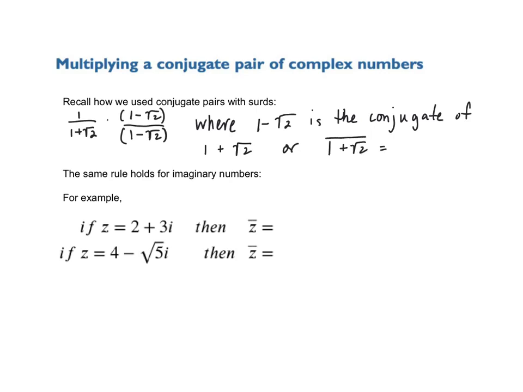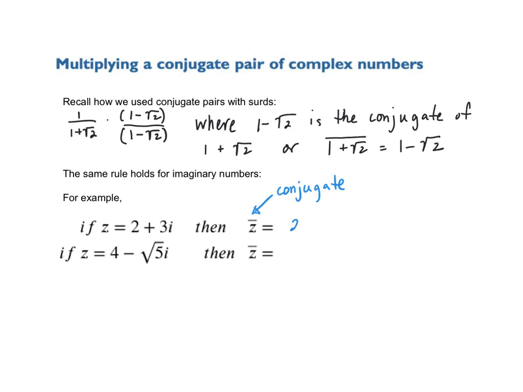So I got ahead of myself. You can see here that the line right there means conjugate. So the conjugate of 1 plus root 2 is 1 minus root 2. We're just changing the sign of the surd.